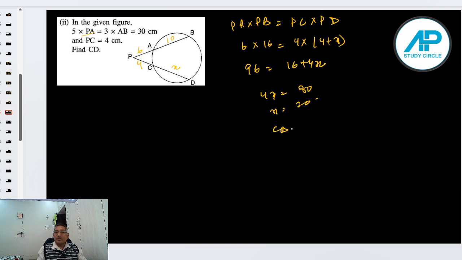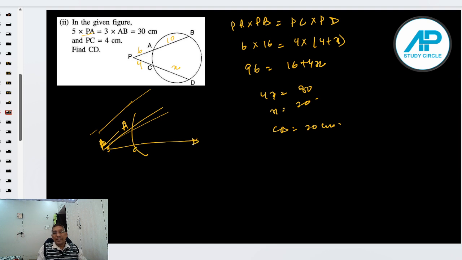The value of CD is 20. So remember, if I take it like this, and this is the circle, take the outer part and the complete chord, with P as the point. PA into PB, PC into PD.